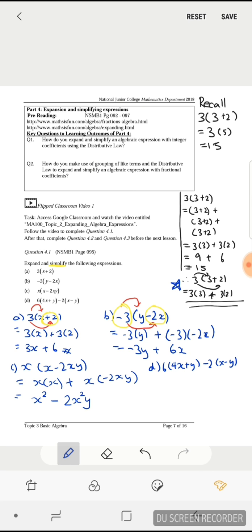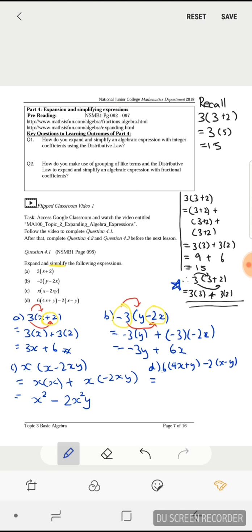Okay, take the last 10 seconds. Alright, now let's take a look and let's compare your answer with the answer over here.